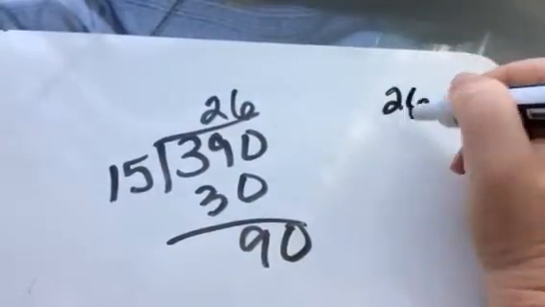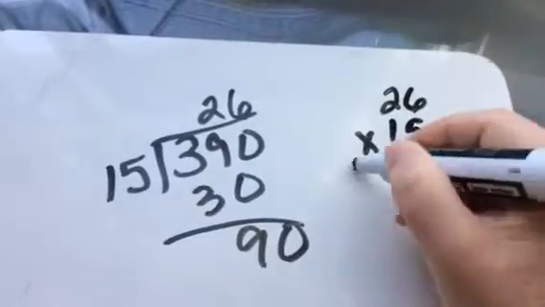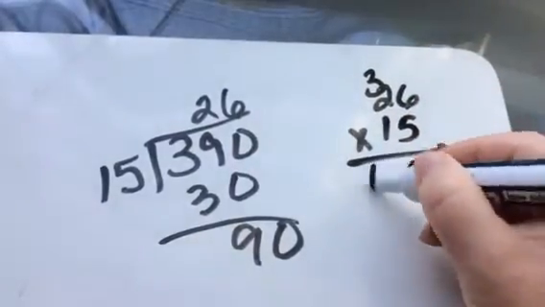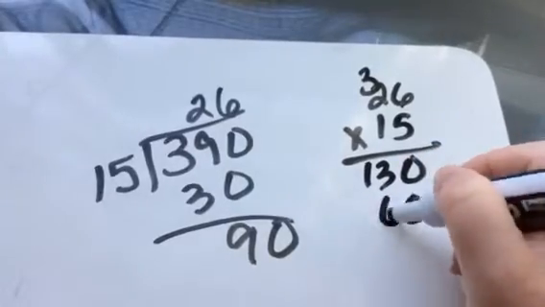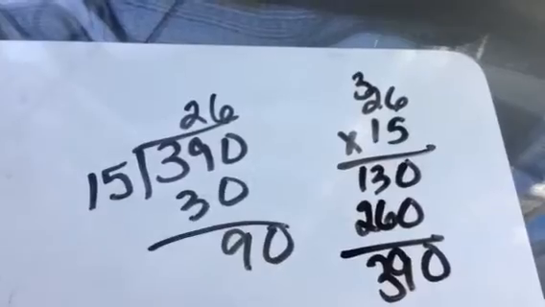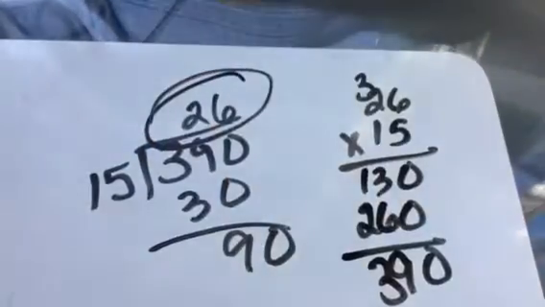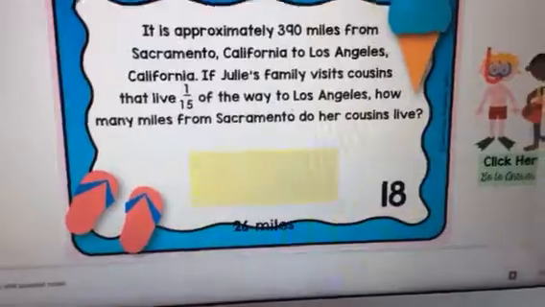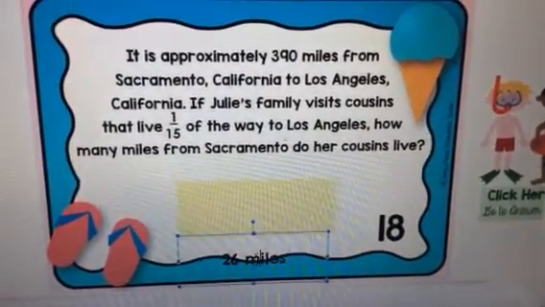Make sure I did this right. Times 5 is 30. 13. Okay, yep, I did it right. So that means that 1/15 of 390 is 26 miles.